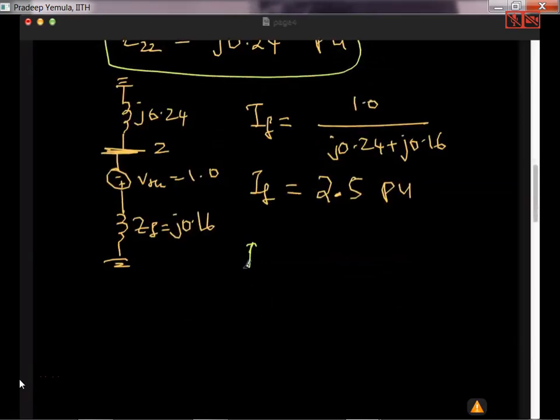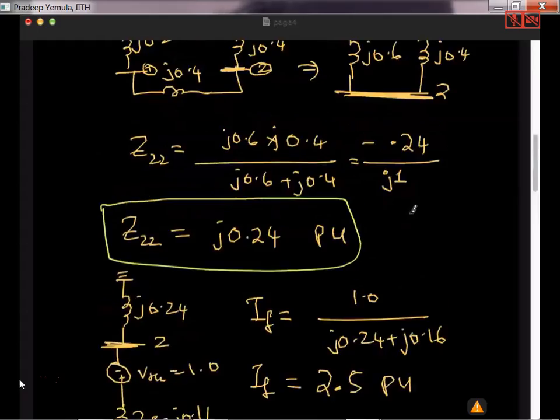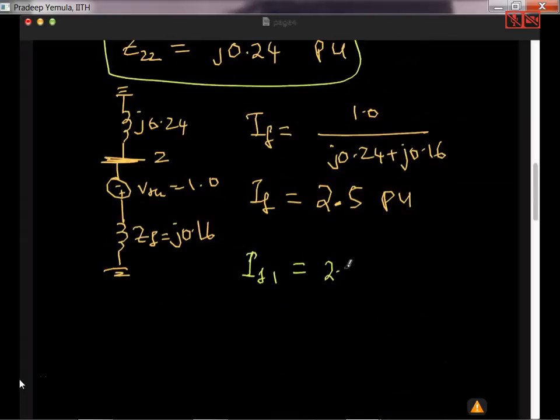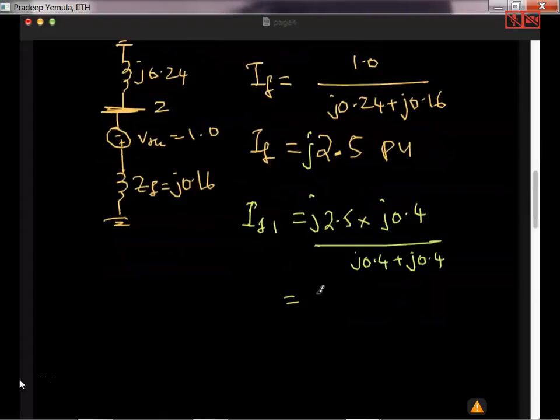Now again I can find the fault current coming from the first generator, the fault current coming from the second generator and all. IF1, you can see just here 0.6 and 0.4 are there. So IF1 is 2.5 into J0.4 by J0.4 plus 0.6, so that will be J1.